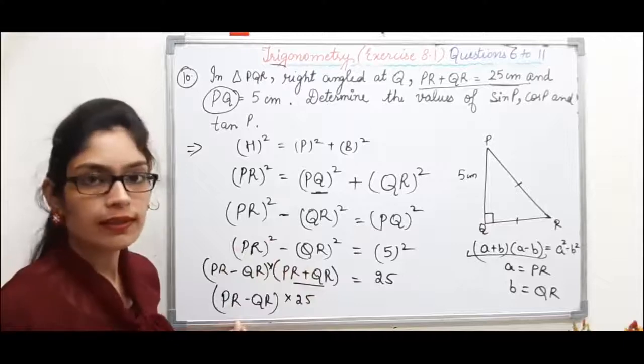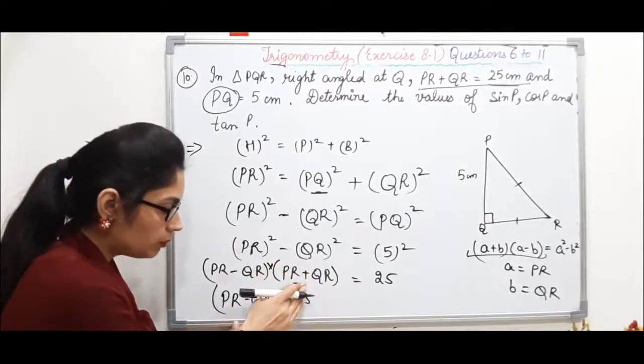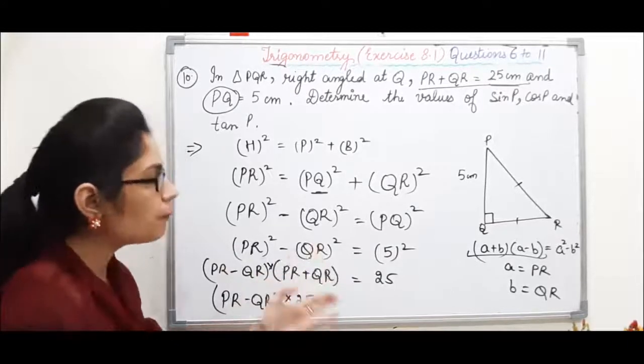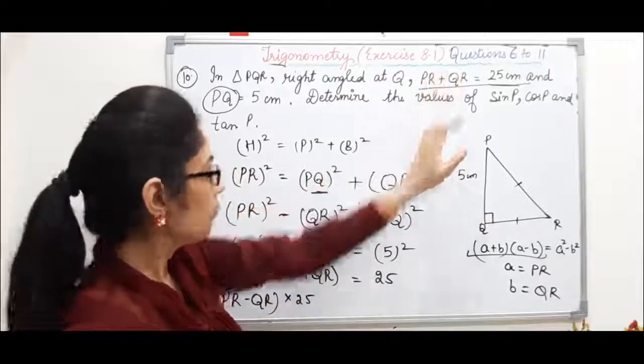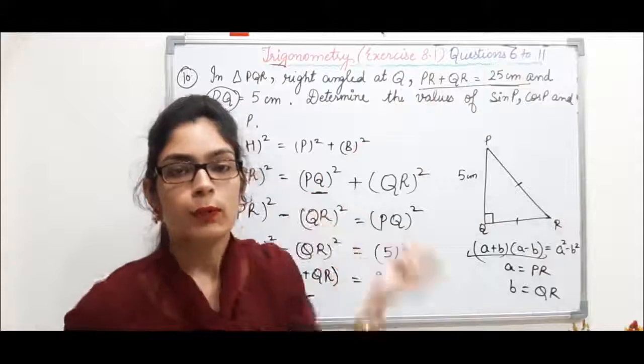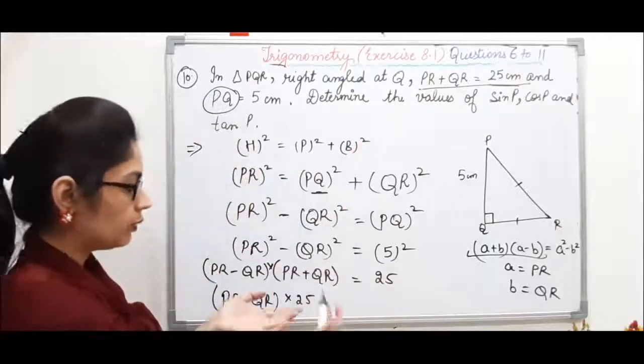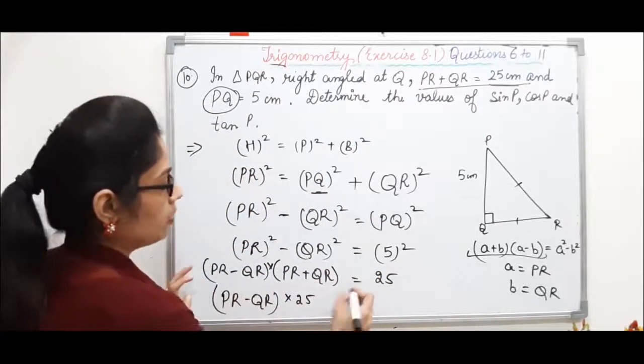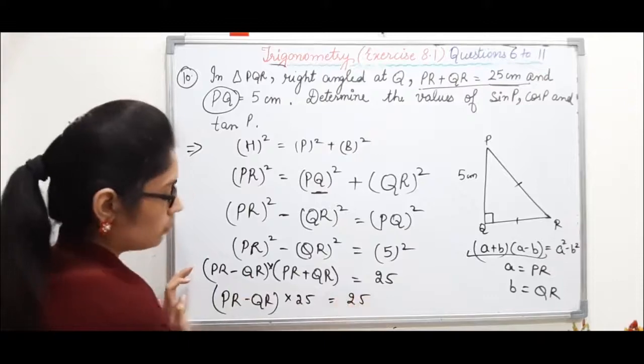I have simply substituted the value of PR plus QR, which is already given as 25.